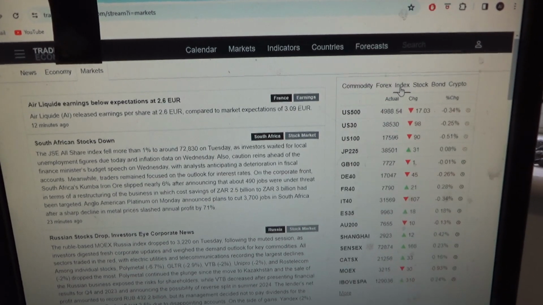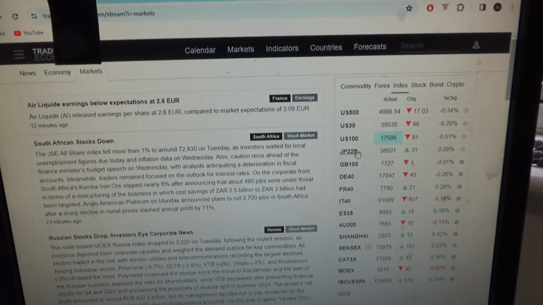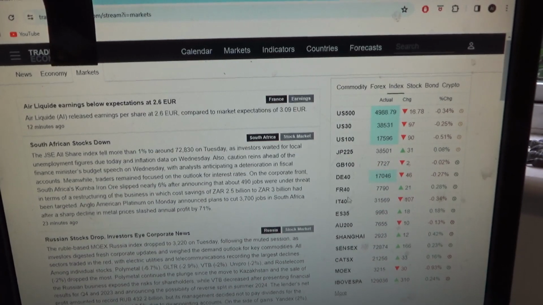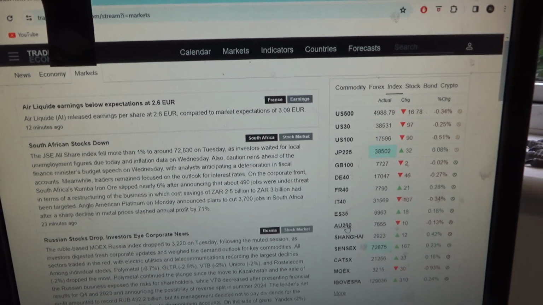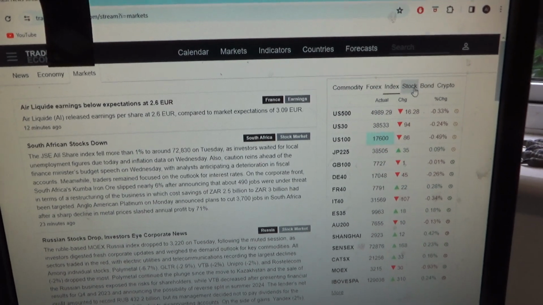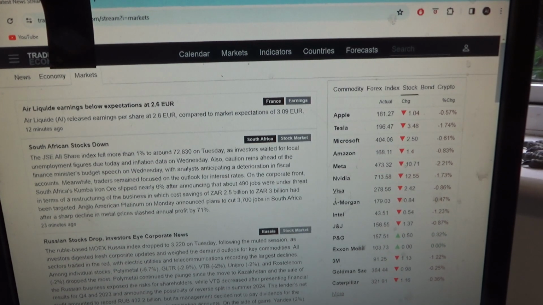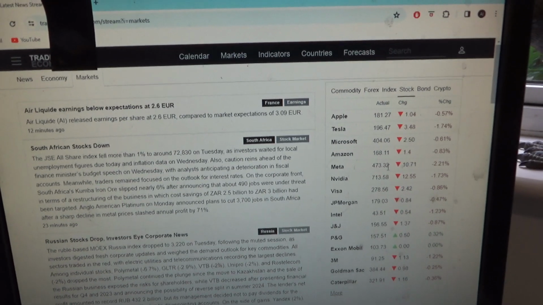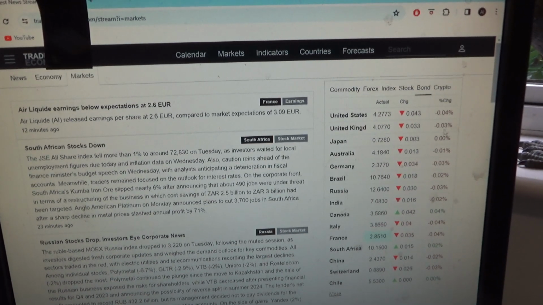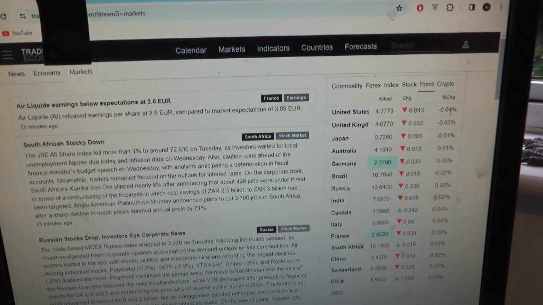And then you've got indexes, which is equities effectively. So you've got US, Japan, pound, and Europe, Germany, France, Italy, etc. And then you've got Australia and Shanghai and all the rest of it. And then you've got stocks, which is individuals. So you've got people like Apple, the big boys really, Microsoft, Amazon, and all the rest of it. So you can look at that. And then bonds, you can see that they're not really moving, but they're a bit, but these are yields.